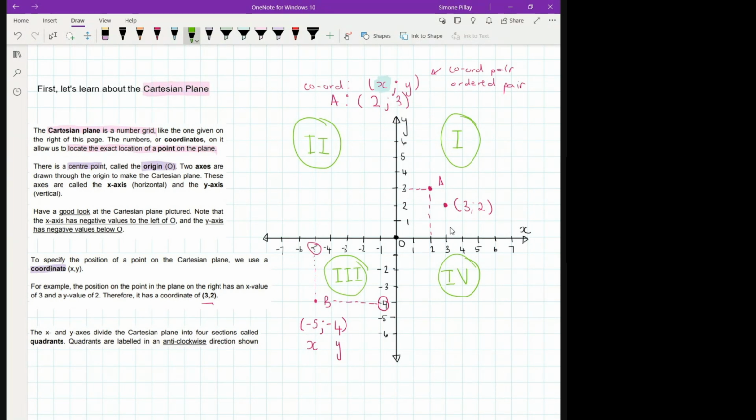And then we have our quadrants, which starts with quadrant 1 in our upper right quadrant, and then we number it anti-clockwise using Roman numerals. Do we have any questions so far on this Cartesian plane?